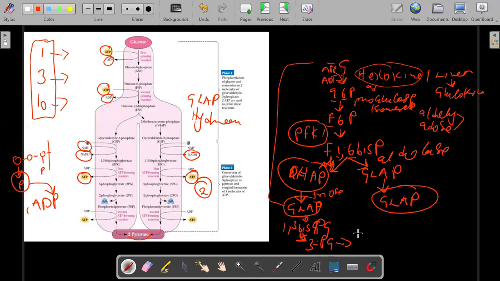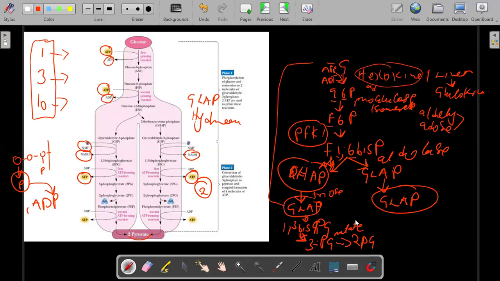We are moving our phosphate group from position number 3 to position number 2, so we end up with a 2-phosphoglycerate molecule. The enzyme working there is called phosphoglycerate mutase, a mutase because it is an isomerization reaction.